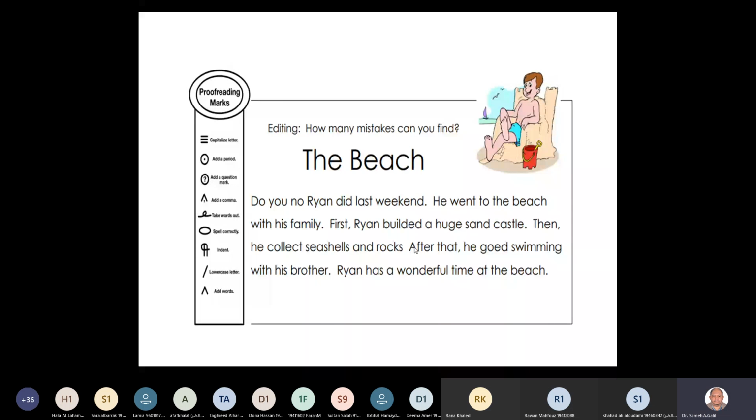Thank you, Rawan. Can we have somebody else? Yes, Rana, go ahead. In the second line, first Ryan built it.